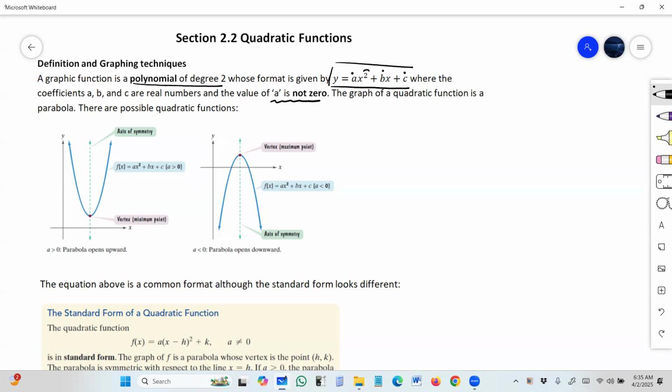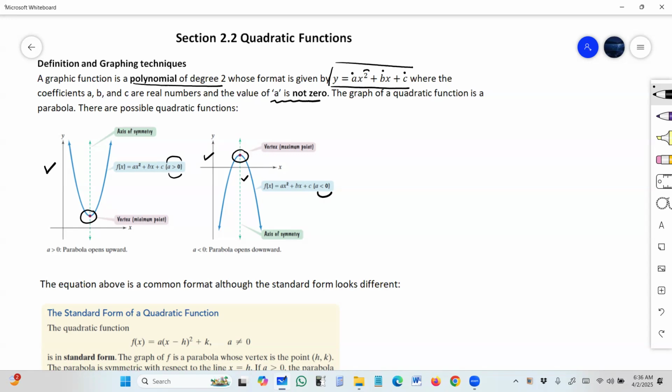So the graph of a quadratic function is called a parabola, and it's going to be one of two forms, either facing up if a is positive, or facing down if a is negative. In a parabola that is opening up, the vertex is the minimum point.